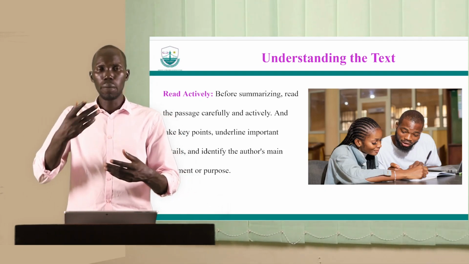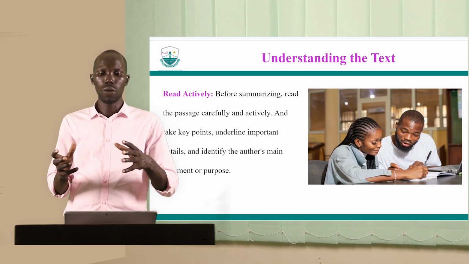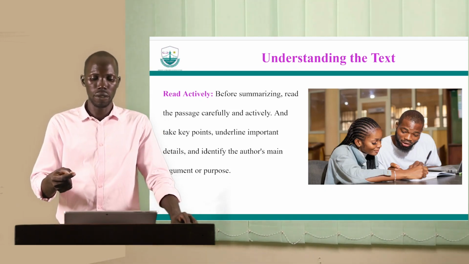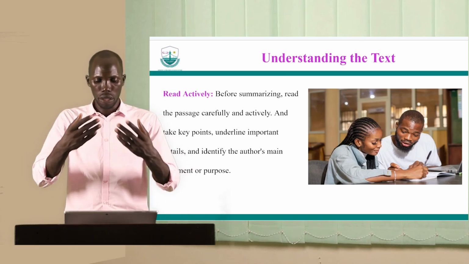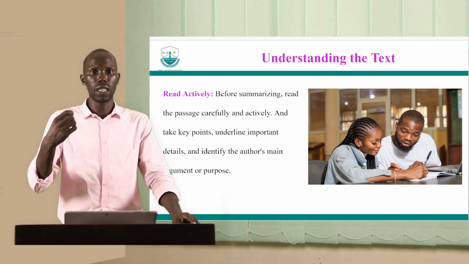In addition to the main points, underline the main points so that later on you will refer back to the main points that the original text had given you. And it is also important that you identify the author's main argument or the purpose of the writing.